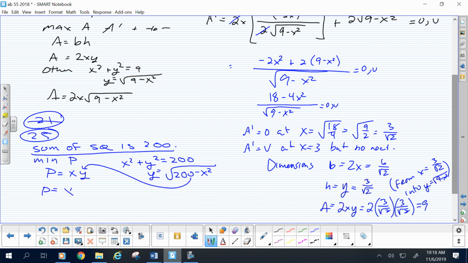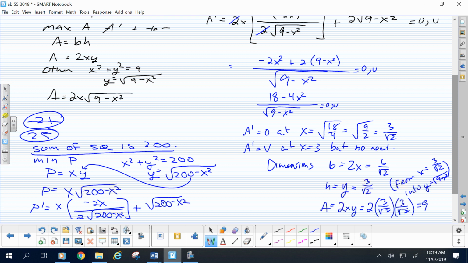So this actually looks a lot like the previous one. P is x times the square root of 200 minus x squared. P prime then would be first stays the same, derivative of the second, chain rule, product rule, plus second stays the same, derivative of the first.